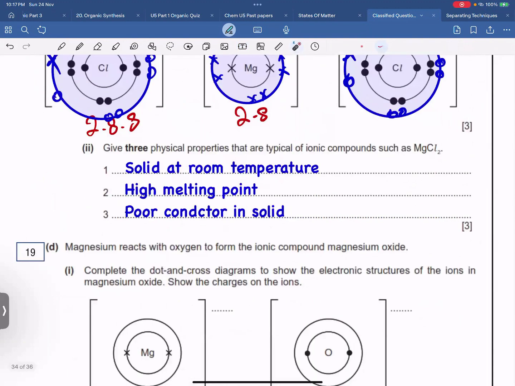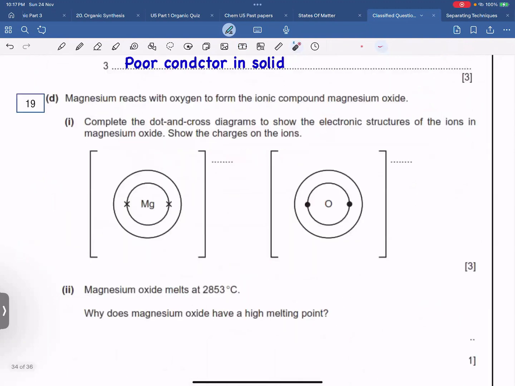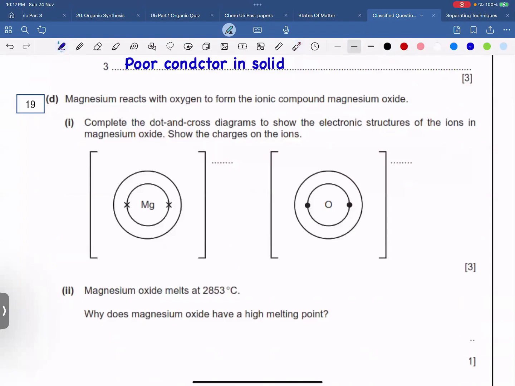Another example for an ionic bond, how to draw an ionic bond. Magnesium reacts with oxygen to form an ionic compound, magnesium oxide. Complete the dot and cross diagram to show the electronic structure of the ions in magnesium oxide. Remember, from the periodic table, magnesium is 2, 8, 2 because it has 12 electrons, and oxygen is 2, 6, with 8 electrons.